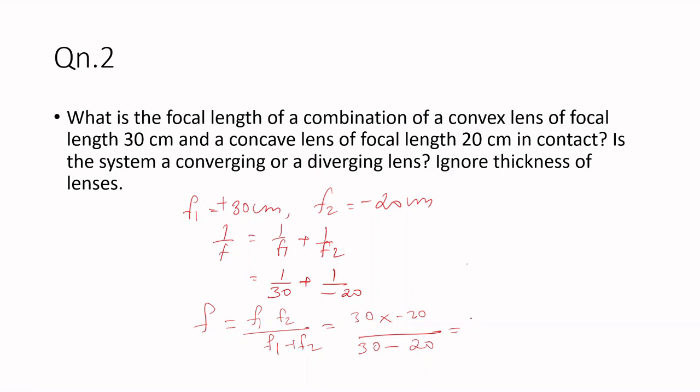So it is equal to minus 600 divided by 10, which will give us minus 60 centimeters as the focal length. So it's a negative focal length, so that means it will be a diverging lens. So the final answer is diverging lens.